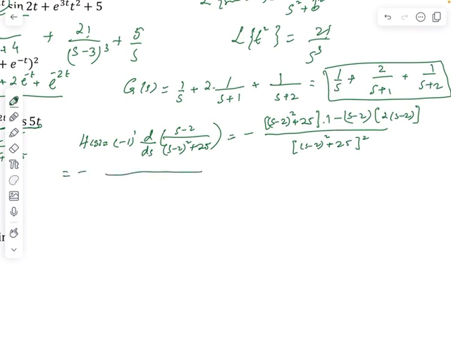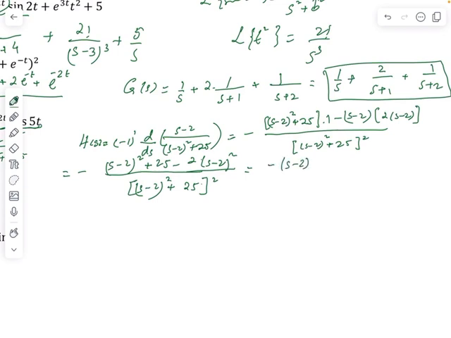which is equal to negative. Now note here, I will not expand everything. We will keep the (s minus 2) whole squared as it is, plus 25 minus 2 (s minus 2) whole squared. Whole thing divided by ((s minus 2) whole squared plus 25) whole squared, which gives me negative, (s minus 2) whole squared.